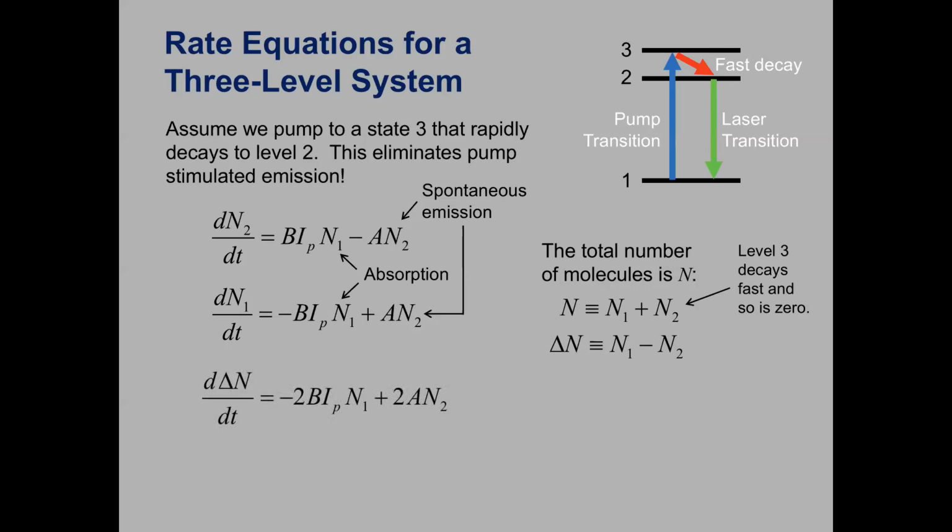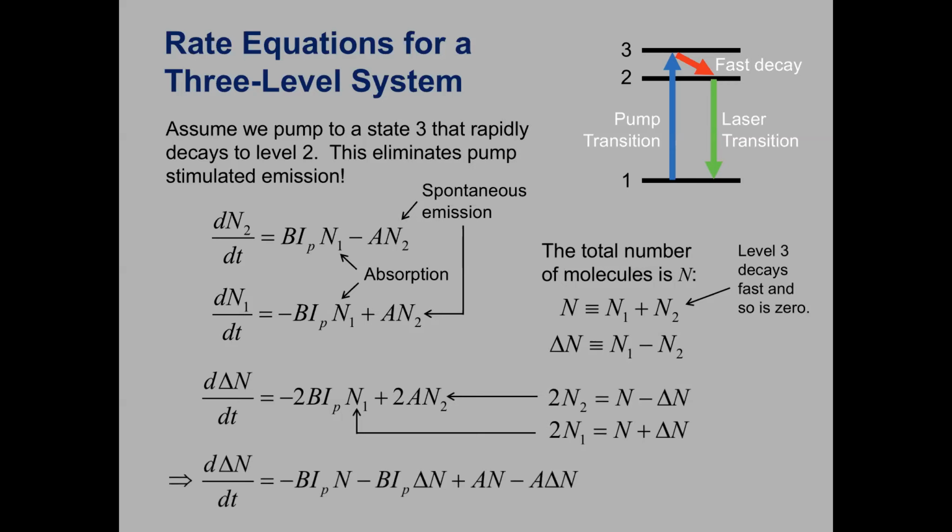So again, working at the end here, we have to go through the same process of finding the differential equation for d delta n dt, and then rewriting the whole right-hand side in terms of delta n. It's the same process as before.